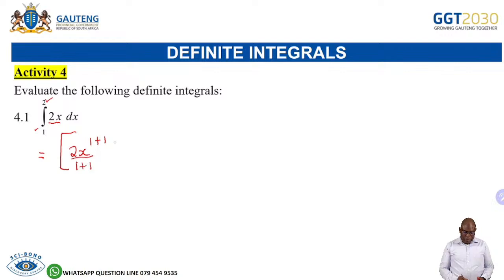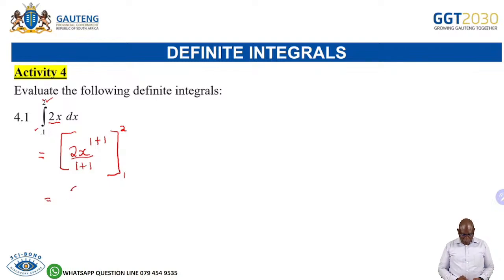Because I'm integrating, I must put the square bracket. The bigger number 2 is on top as it is given there, and the smaller number at the bottom. Please, please, once you integrate, put these square brackets and put the 2 and the 1 in that form. Then I have my integral there.